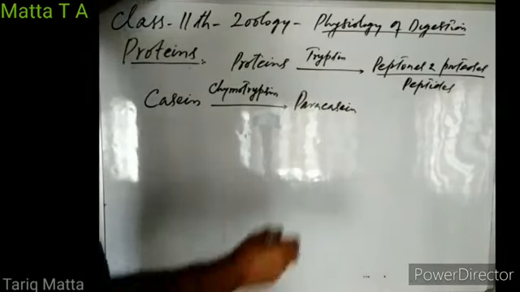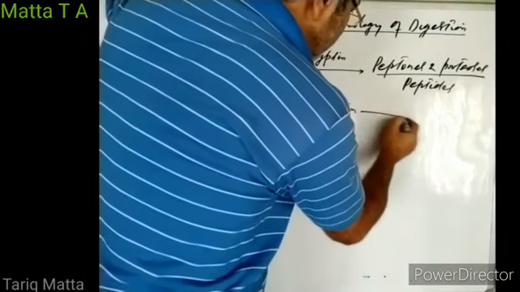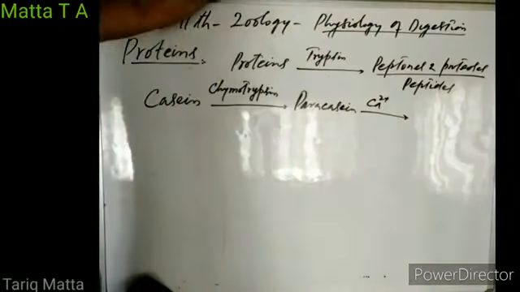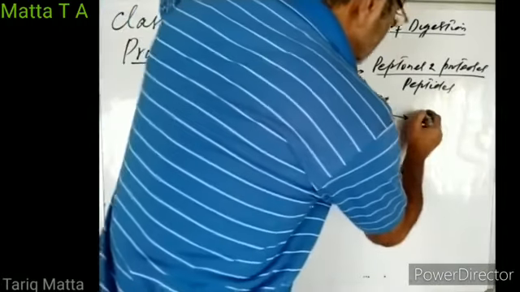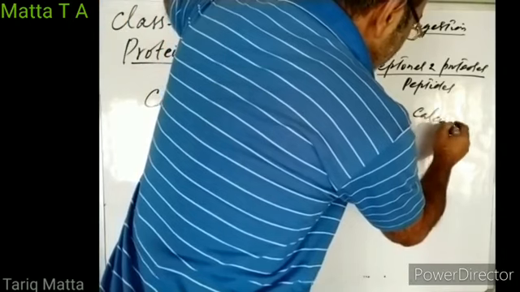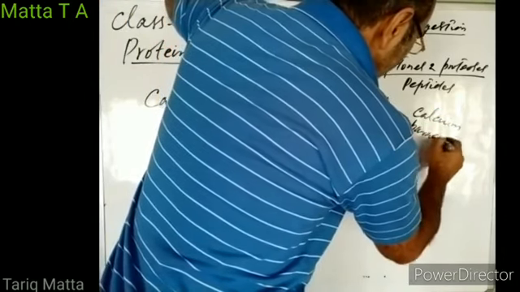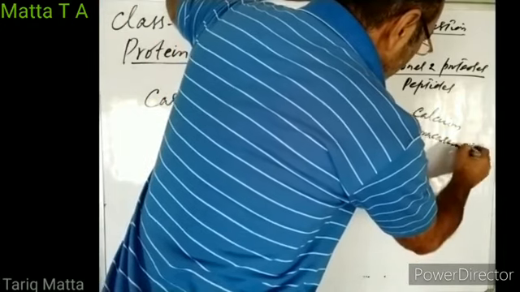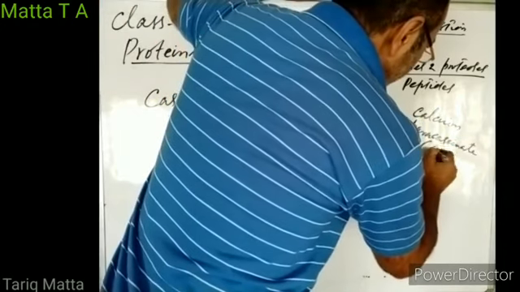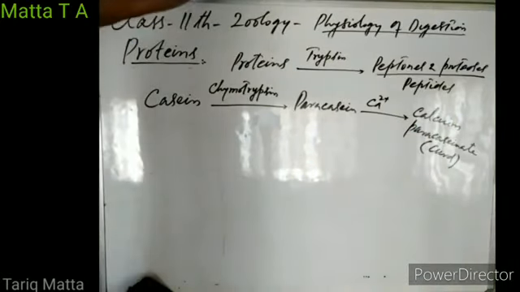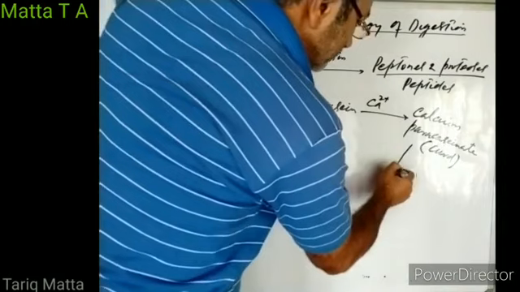Then this paracasein, in the presence of calcium salts, changes into calcium paracasein, or we call it curd. Now this curd, which is formed in our small intestine, is acted upon by trypsin.